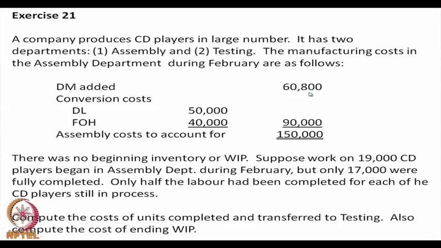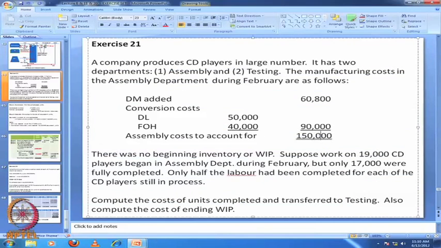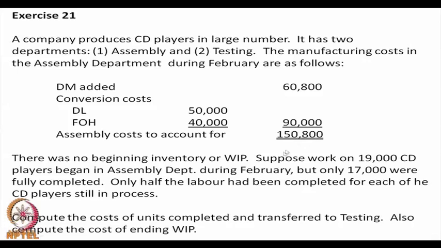Direct material added is this. The conversion costs are direct labor and factory overhead, they come to 90,000. Total assembly cost to account for is 150,000. 150,800, I am sorry, there is a mistake here. $150,800.